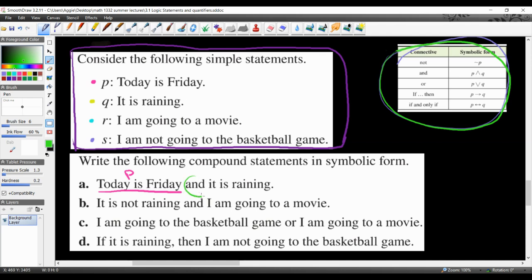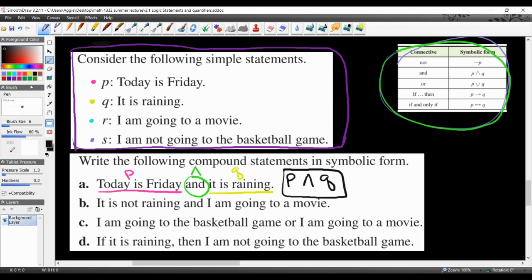So and would be this symbol, that upside down V. Okay, it is raining is in yellow, and that's Q. And this is pretty much my statement right here, P and Q. That's the answer for the first one.